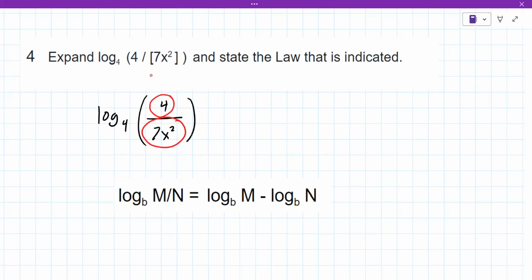Sure, I can try. So first it's going to be a log base 4. Good.